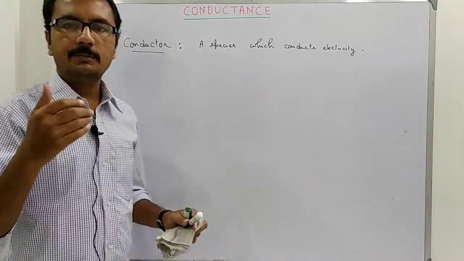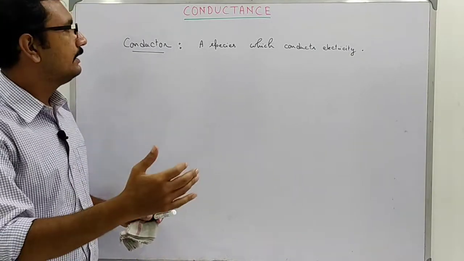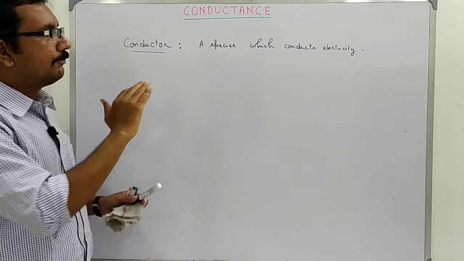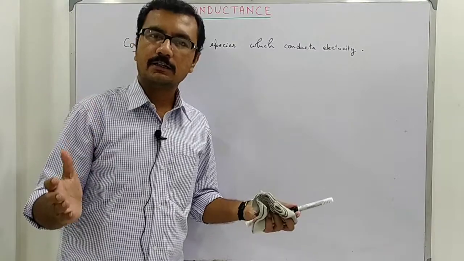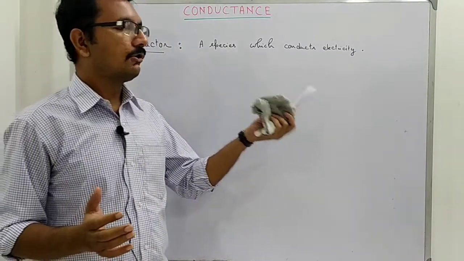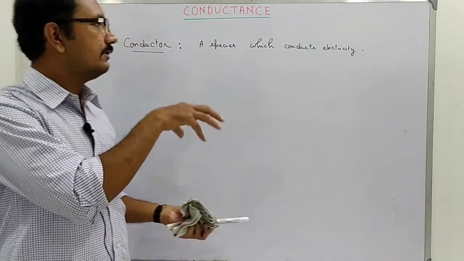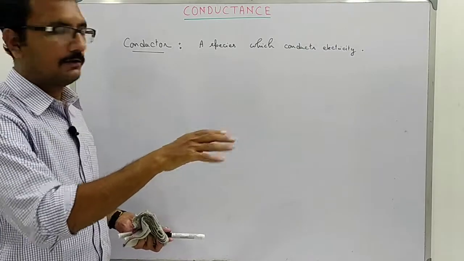So, which is able to conduct electricity through it, that is referred as the conductor. Now, we will come to the difference between conductor, insulator, semiconductor when we will study solid state chemistry. At present, we will concentrate only upon a conductor and its conductance.